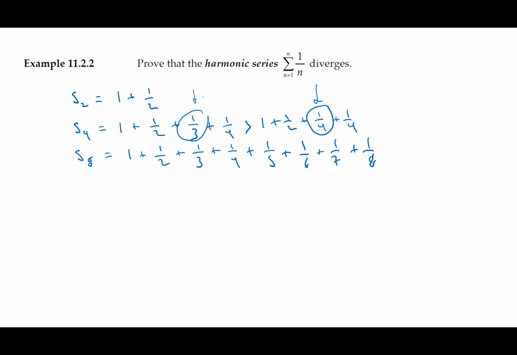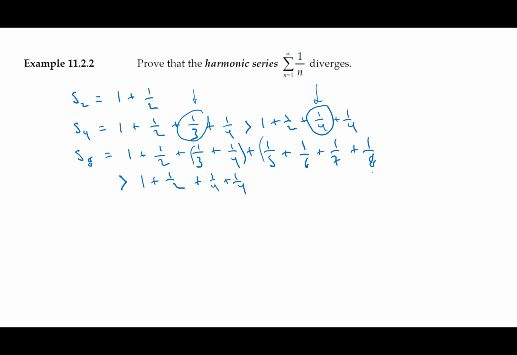And then I can play the same game with S8, okay? I can take this and say that this is greater than 1 plus 1/2. And then I'm going to take these and call those 1/4 plus 1/4.